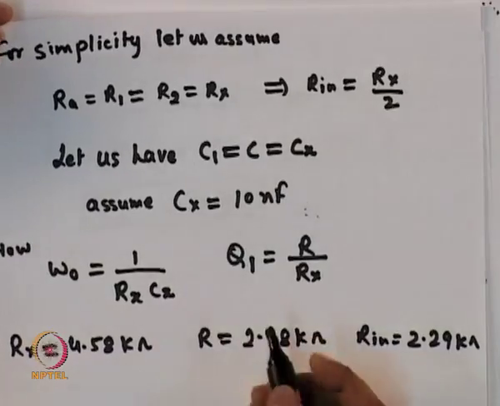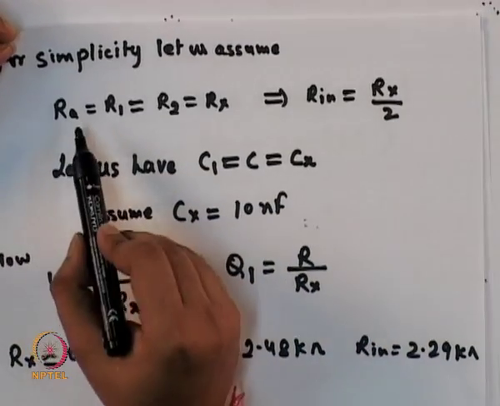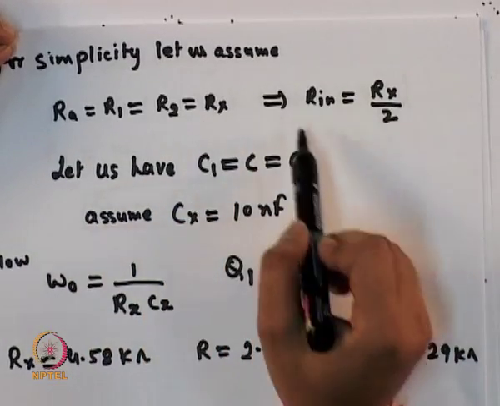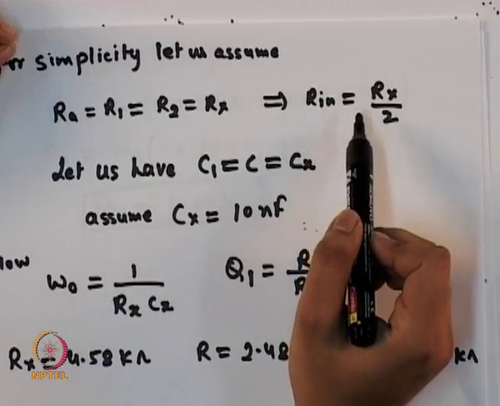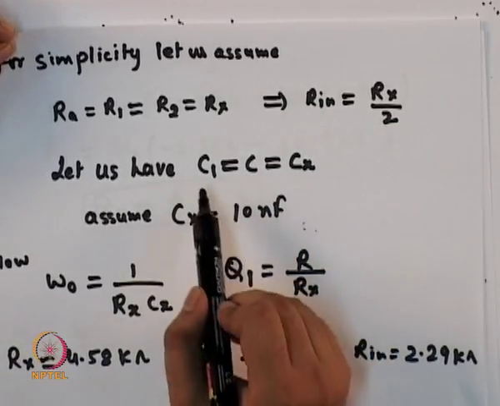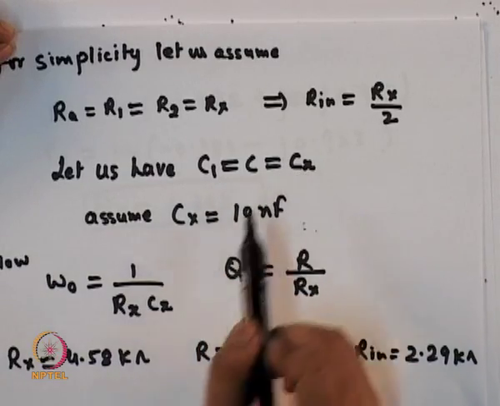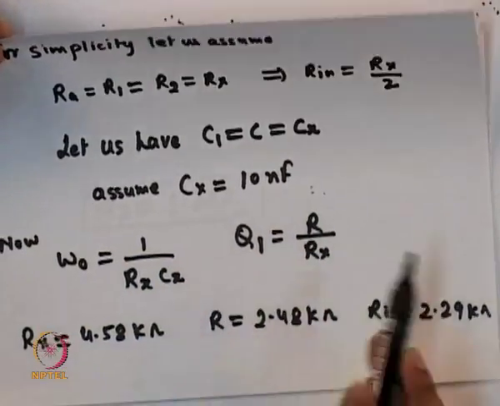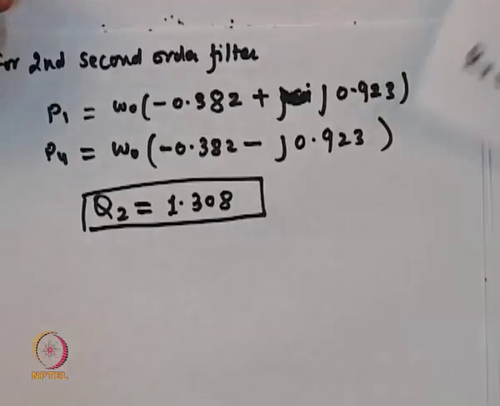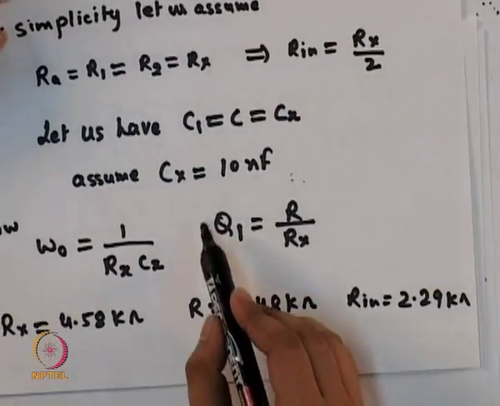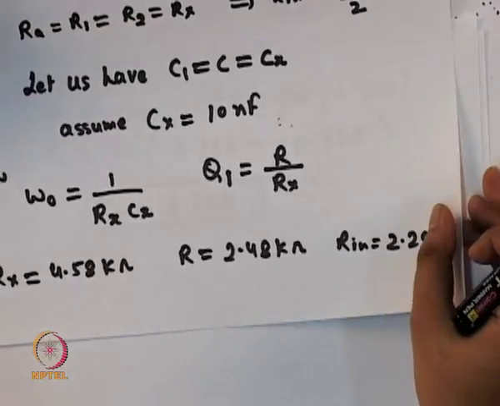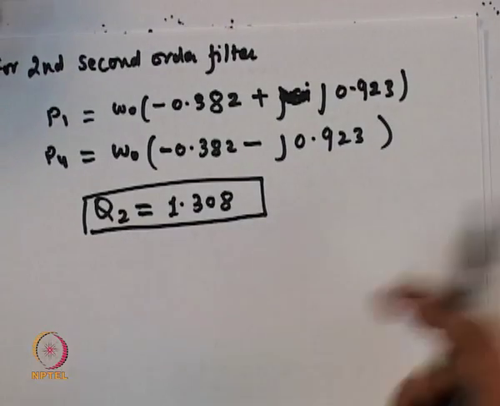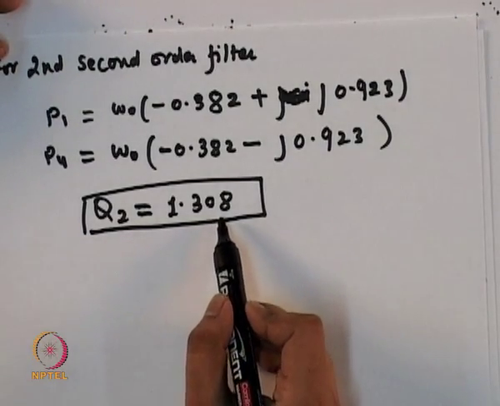Again we make the same assumptions: RA equal to R1 equal to R2 equal to Rx, and the DC gain is again 2, so Rn will be Rx by 2. Again assume C1 equal to C equal to Cx and Cx equal to 10 nanofarad, and we have these equations. But the Q1 here was 0.5 something, whereas Q2 here is 1.308.